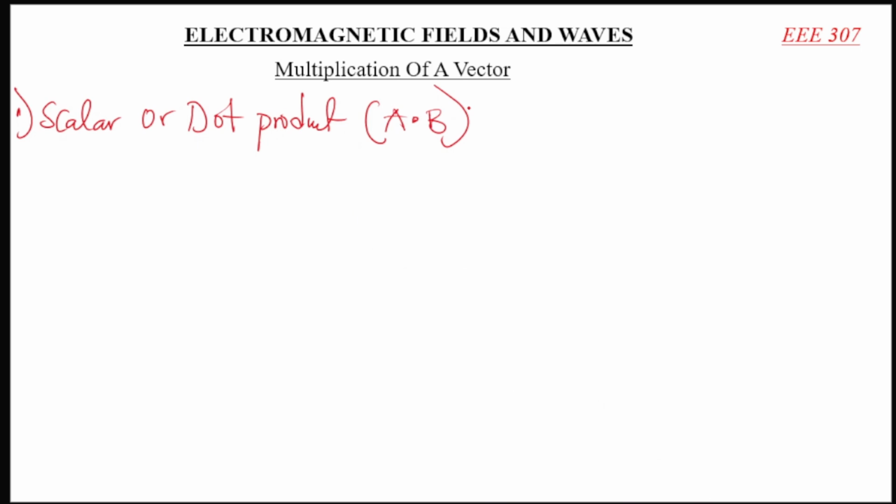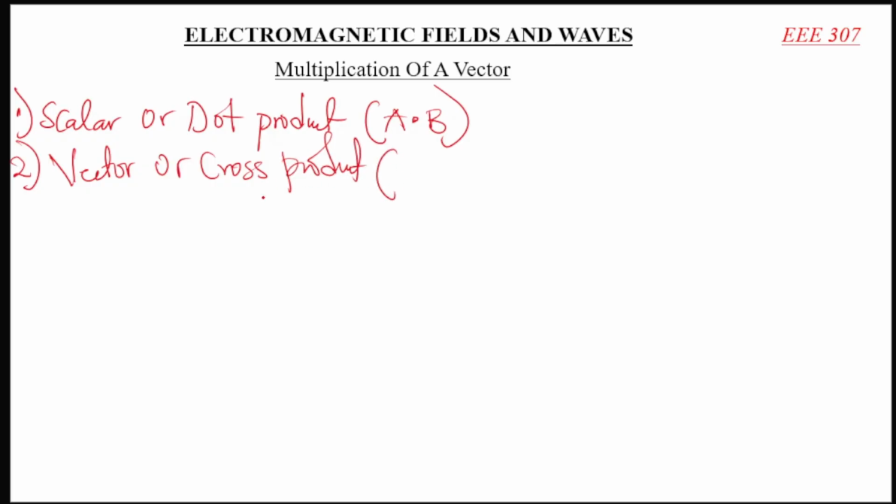Now, what's another form of vector multiplication? Another form is basically called the vector product, or better still, the cross product. So you can call it vector product, or you can call it cross product. How do we represent our cross product?